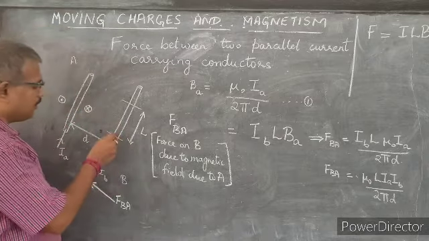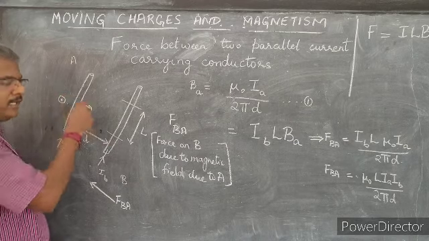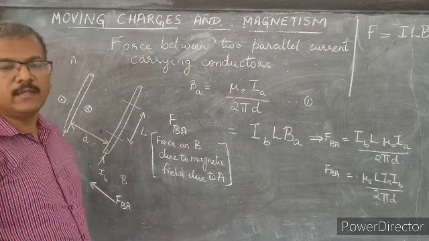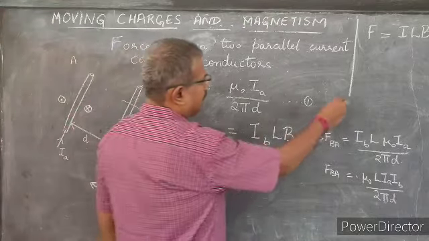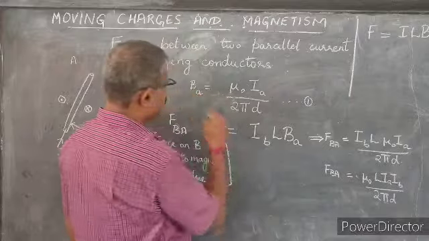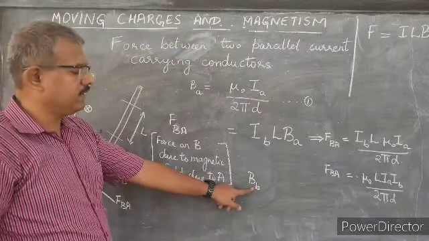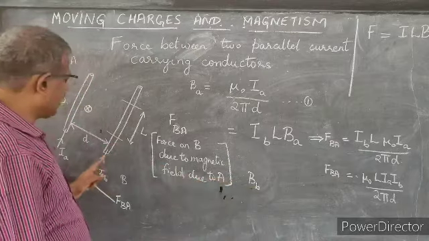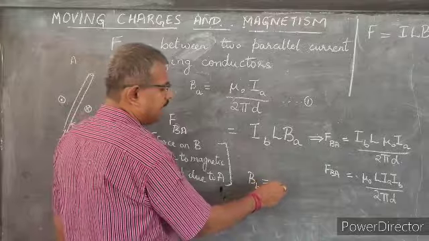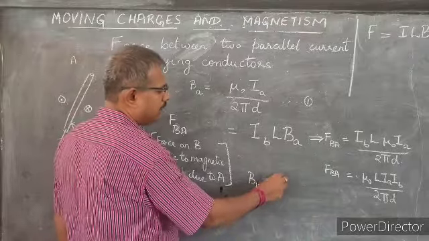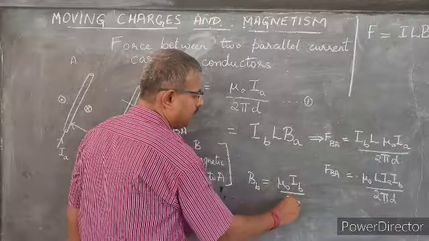What is the force being felt by conductor A due to the magnetic field being generated by conductor B? So I can do a similar exercise. So if I were to find out B_B, that is the magnetic field being generated due to the current flowing through conductor B, that is given by, again using the Ampere circuital law, mu naught IB by 2 pi d.